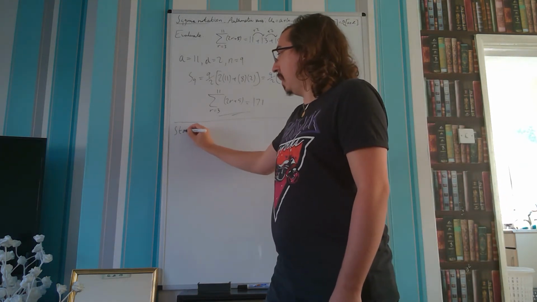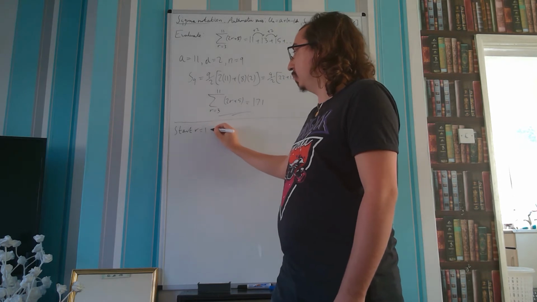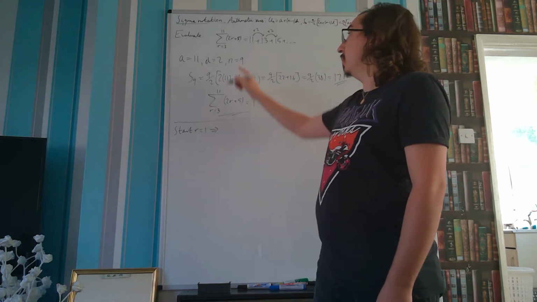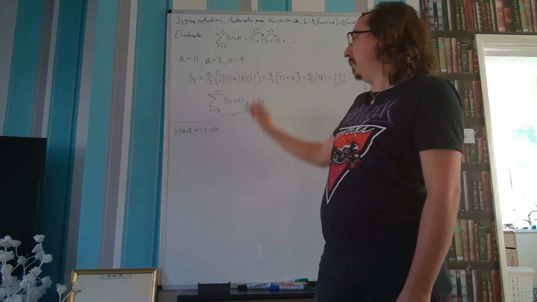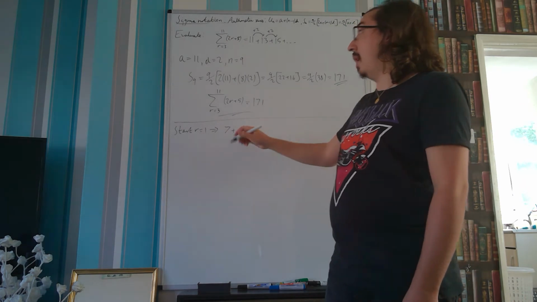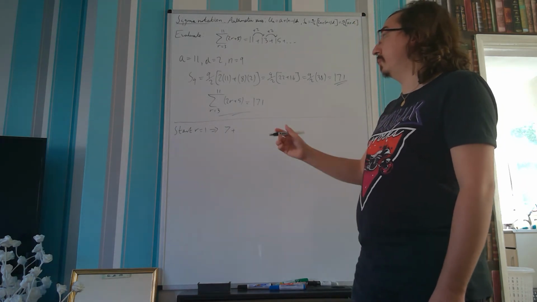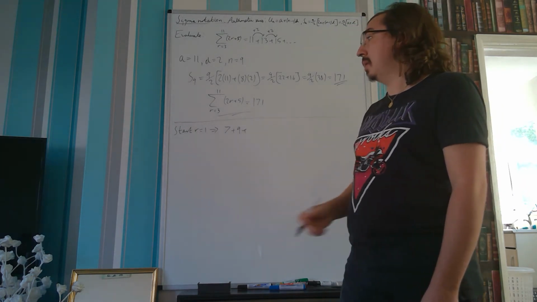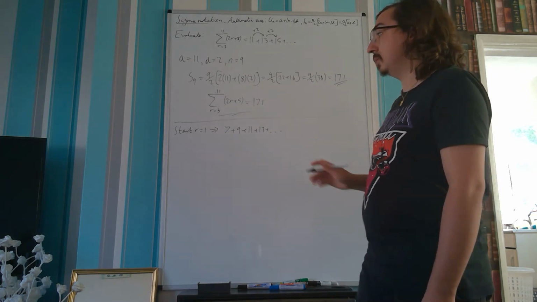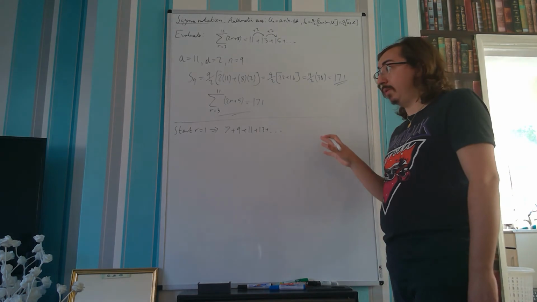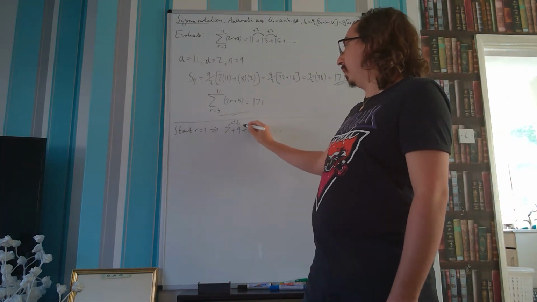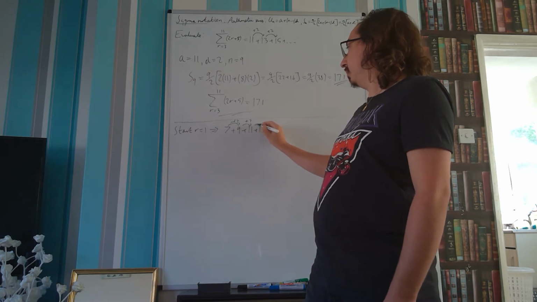So if we start where r is equal to 1 instead, we can say that we have 2 times 1 plus 5, which gets 7. Then we would have r is equal to 2. 2 times 2 is 4, plus 5, which is 9. R equals 3, which is 11, plus 13, and so on. So we can view it this way. And again, we have a common difference of plus 2.